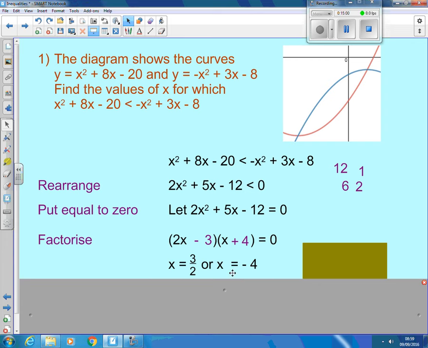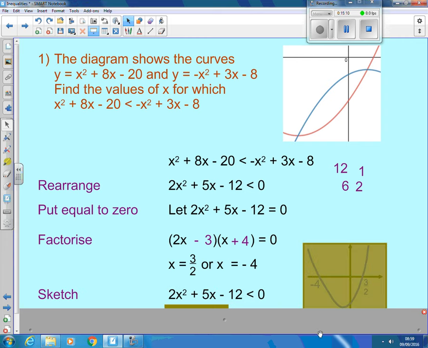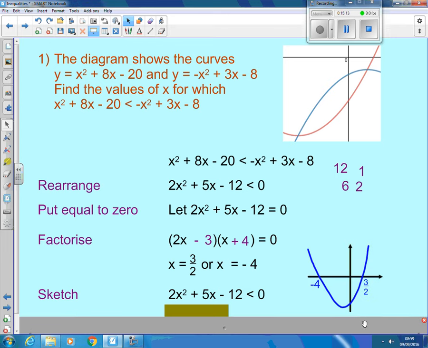So there are our two critical values. So I now know on this sketch that this one is minus 4, and that one is 3 over 2.